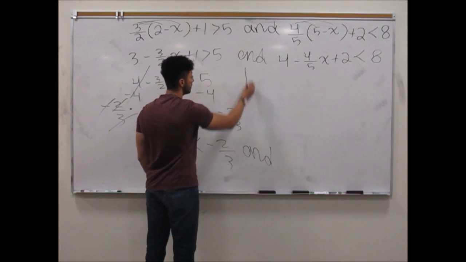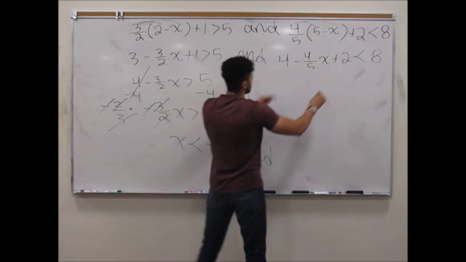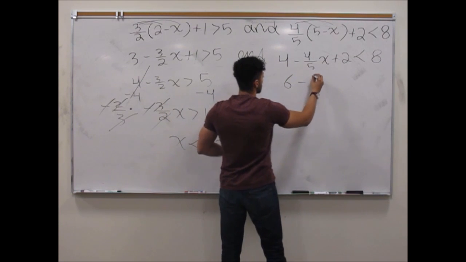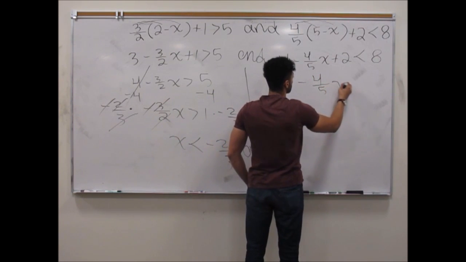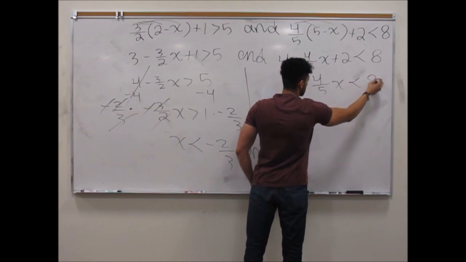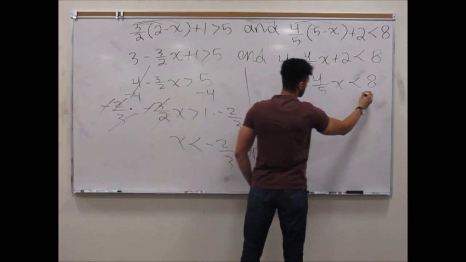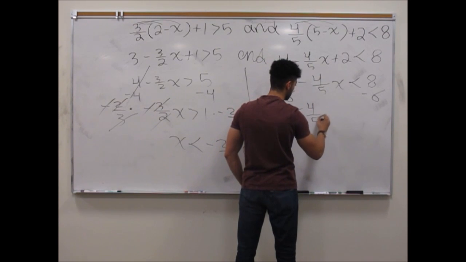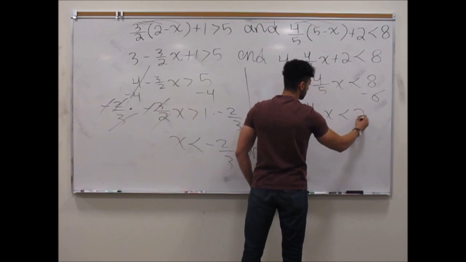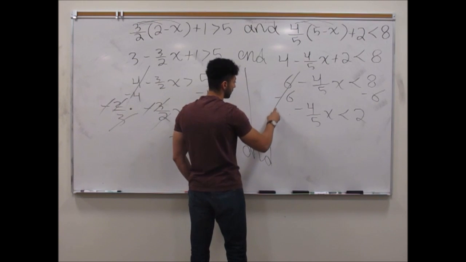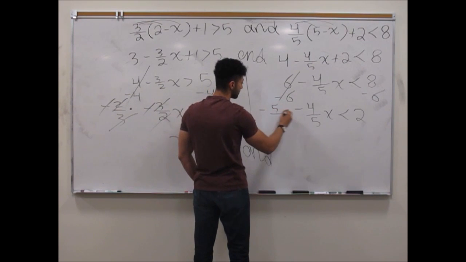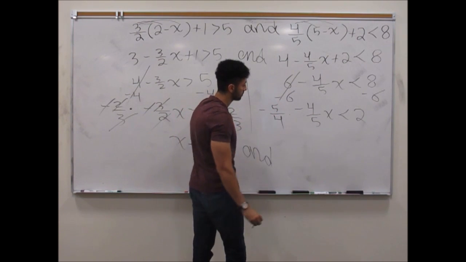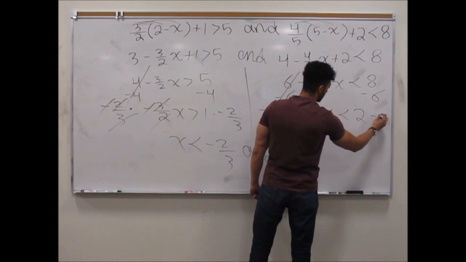let's see what happened over here. The numbers will give me 6. Subtract the 6. I'm going to do the same thing, multiply by a negative 5/4, multiply by the reciprocal and the negative.